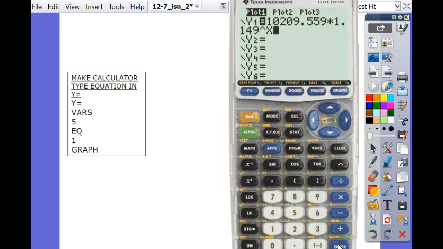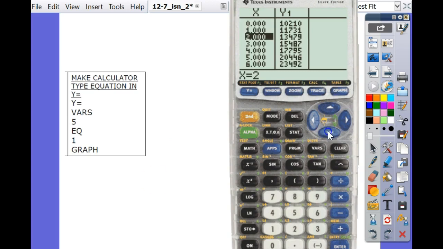Now the question was, what is the value of the car when the car is 30 years old? So I'm going to scroll down to 30 years. So at 30 years, this is the value of the car. I can't do this screen until I have an equation in the y equals.